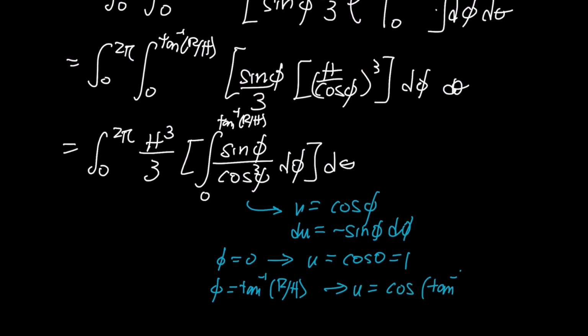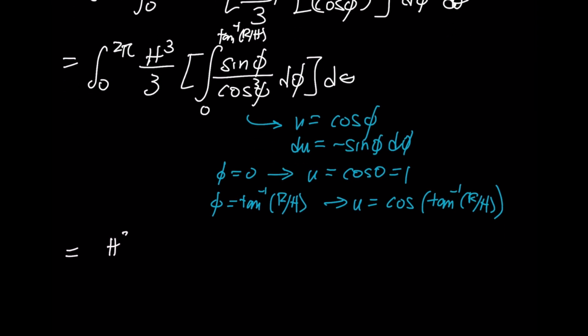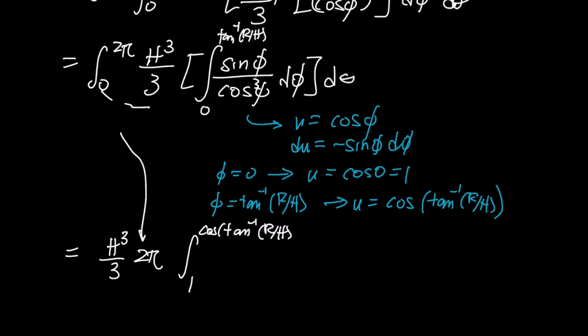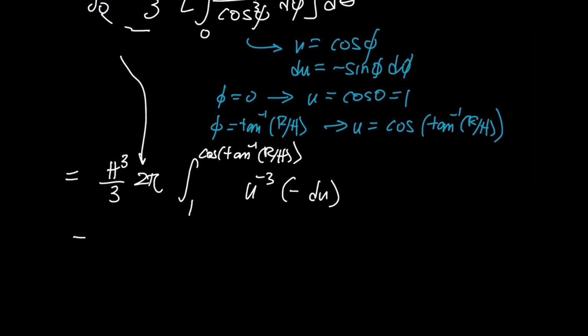Now that may seem worrisome, but follow the process. We will get an h cubed over 3. This theta integral will just produce a 2 pi, integral from 1 to the cosine of the tan inverse of r over h, u to the minus 3 with a negative in our du. This will be 2 pi h cubed over 3.